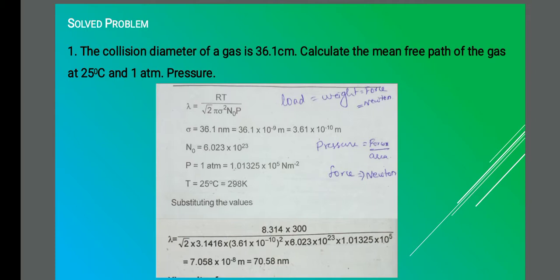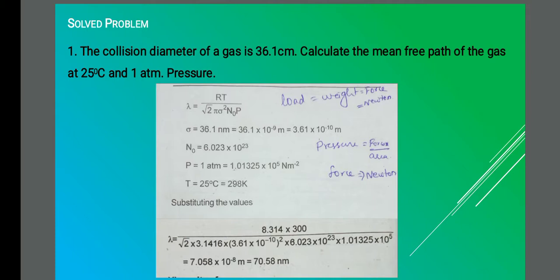And pressure of 1 atmosphere is nothing but 1.01325 times 10 to the power of 5 Newton per meter squared. And temperature is 25 degrees centigrade, which can be written as 25 plus 273, which is nothing but 298 Kelvin.